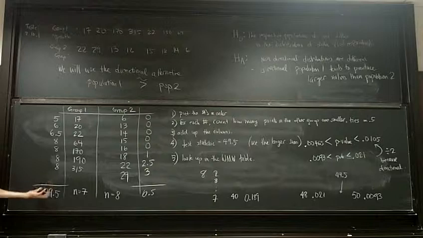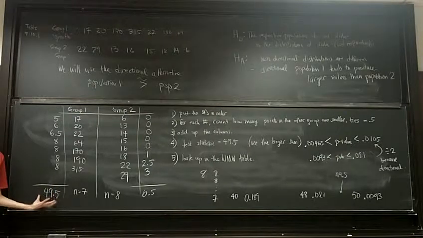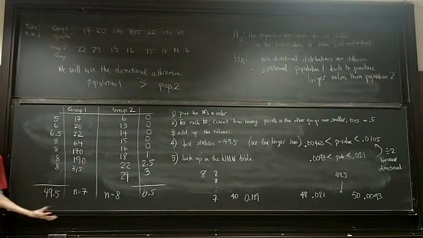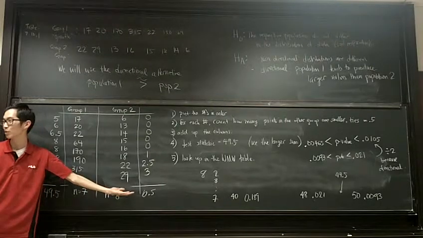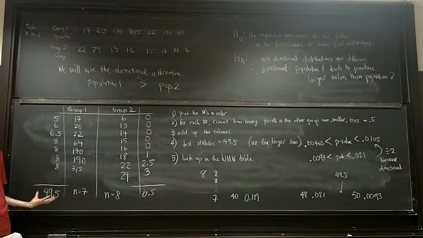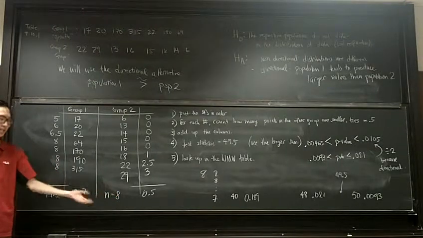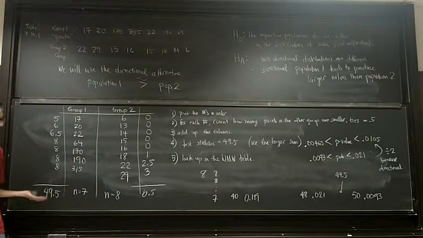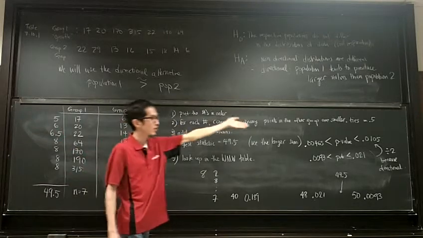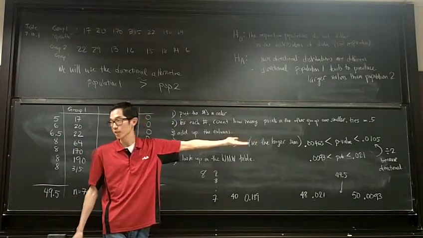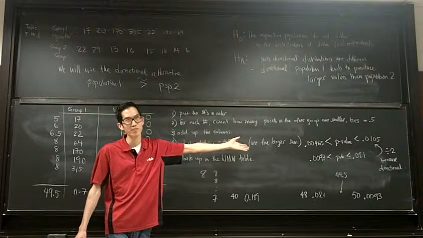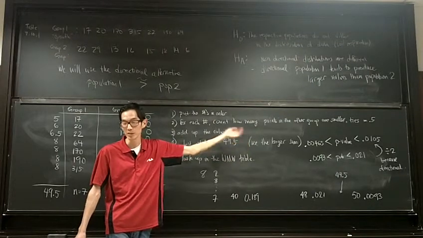So this is basically the total number of victories that team 1 had versus the number of victories team 2 had. Clearly team 1 had more victories than team 2. So in that case, our directionality checks out, so we take our probabilities and divide by 2 to get our p-values.